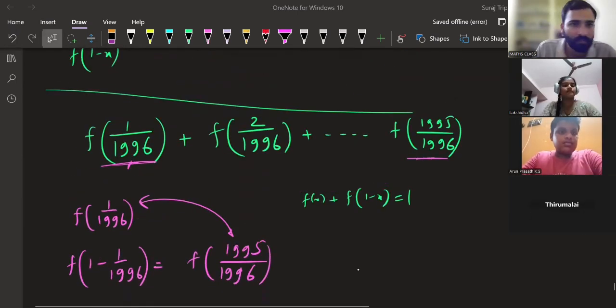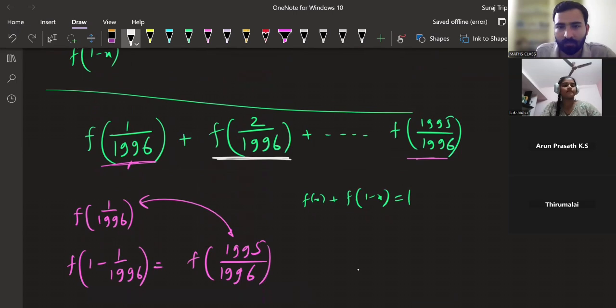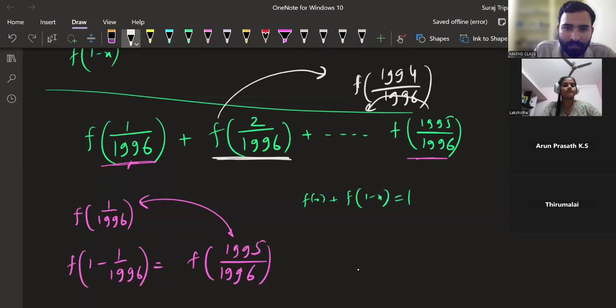Yes. If I consider this expression as f of x, what will be the value of f of 1 minus x? You will get f of 1994 divided by 1996. So the sum of this function and this function will again become 1, because this is working as x and this is working as 1 minus x. Right?